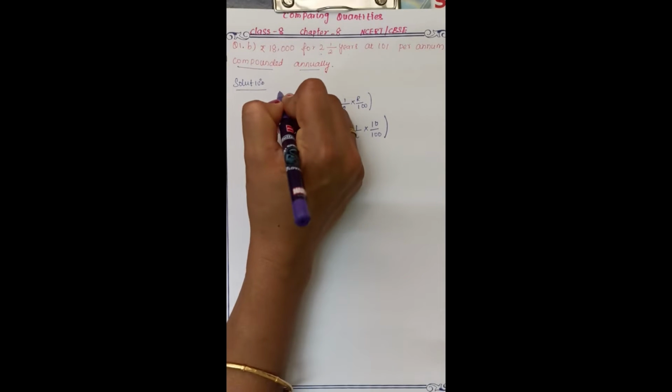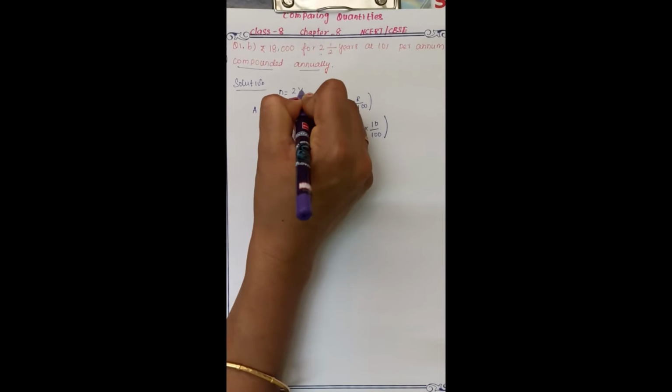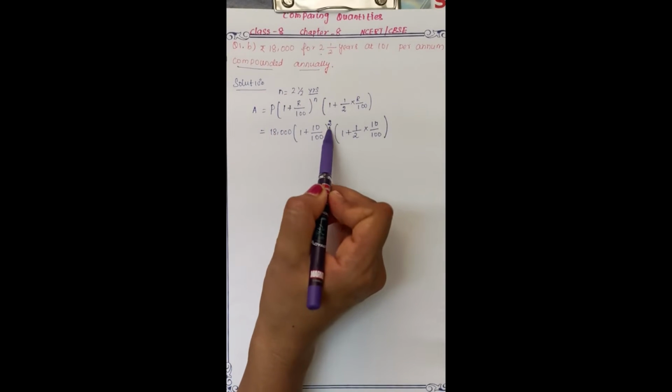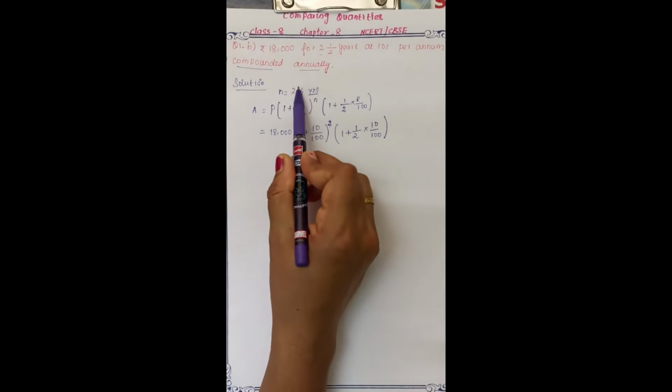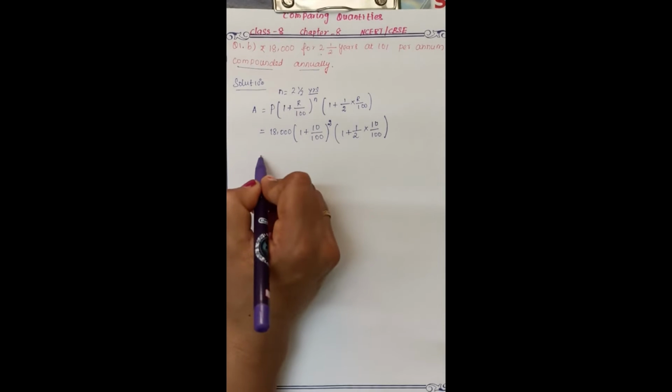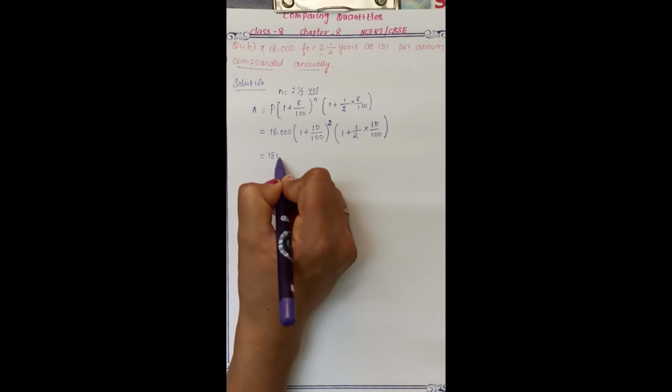So here n equal to 2 1/2 years. This 2 we need to write here, and this 1 by 2 we need to write here. 18,000.